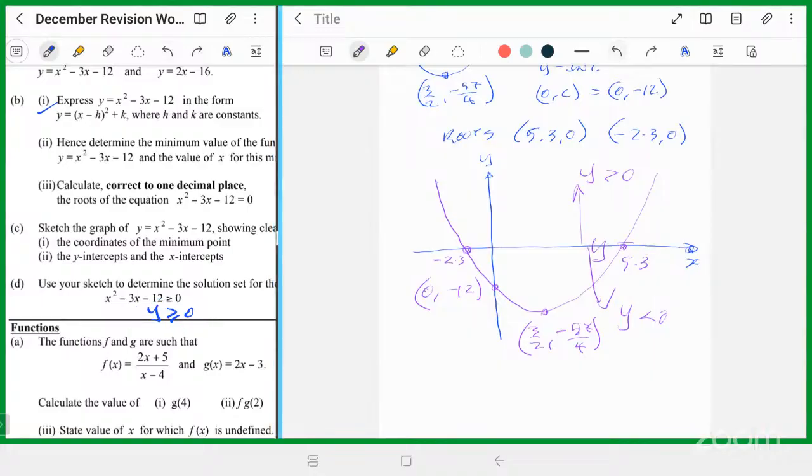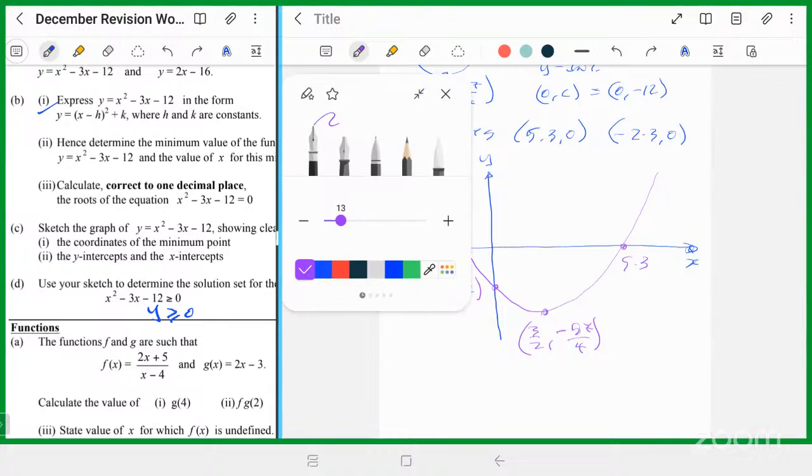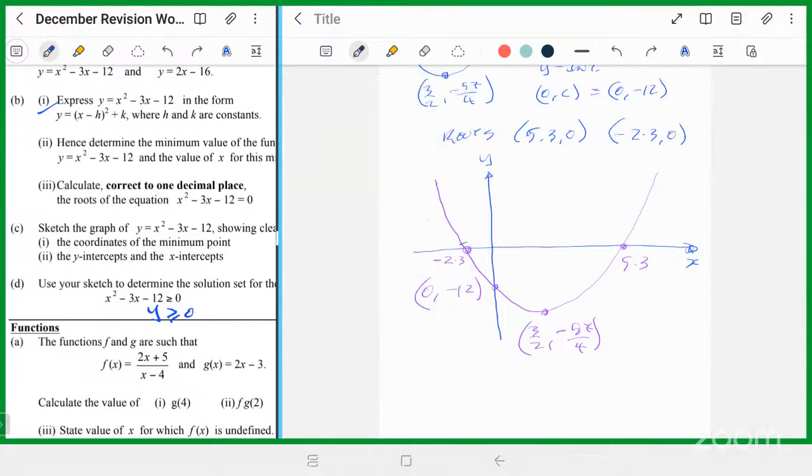So which part of the curve goes above the x-axis? This part of the curve goes above the x-axis, and also this part of the graph.